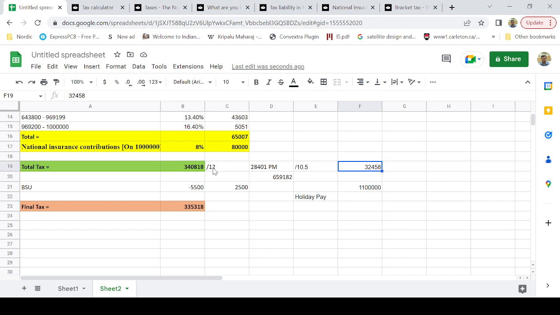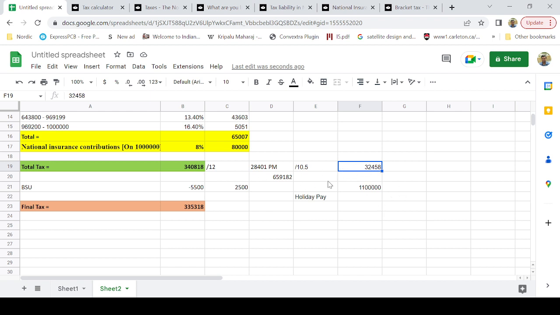So instead of dividing by 12, your company will divide that tax amount by 10.5, so that there will be no tax deduction in June and half tax in December. That is the rule in Norway. So instead of this amount, they will deduct this amount in your payslip as tax. You have to keep track of this, right?